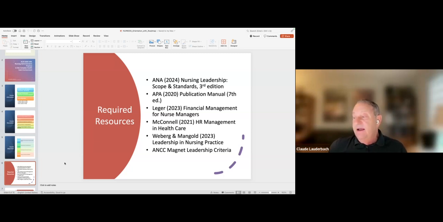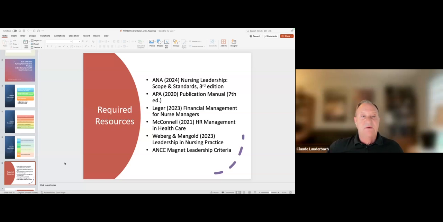I have the American Nurses Credentialing Center's Magnet leadership criteria in here. It isn't anything that you have to have for the course. I doubt that Slingshot can get it. The American Nurses Association, which is the agency that does Magnet, is very proprietary about those materials for Magnet status.